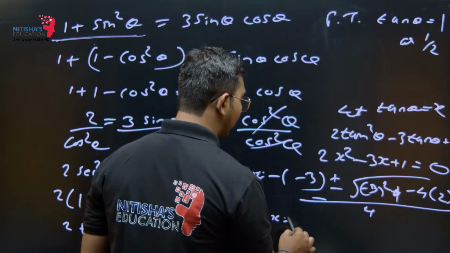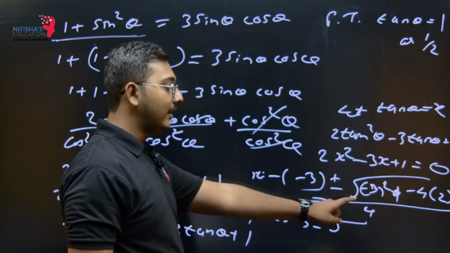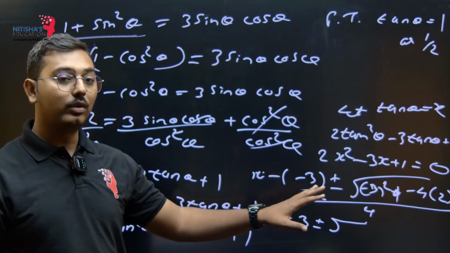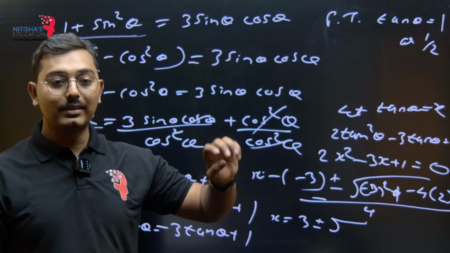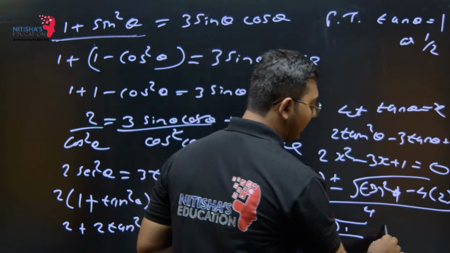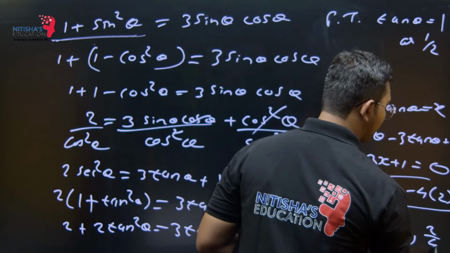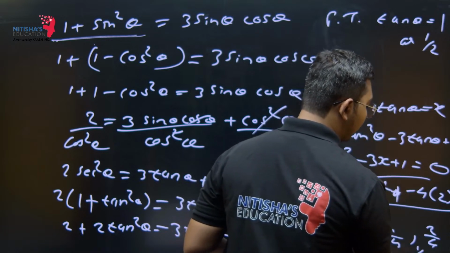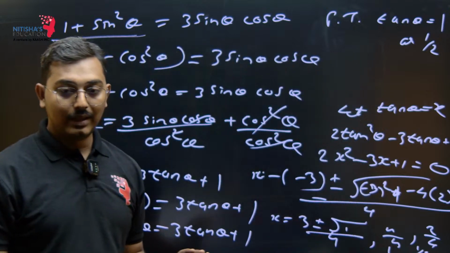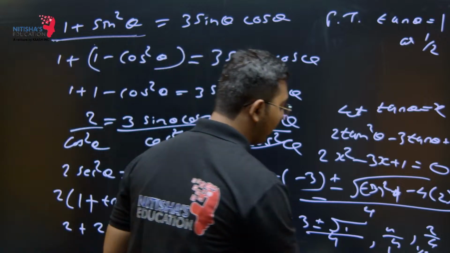So x is equal to 3 plus or minus under root 9 minus 8, since minus 3 square is 9 and 4 times 2 is 8. 9 minus 8 is 1. So under root 1 divided by 4. So the value is 4 by 4 or 2 by 4, which is given by 1 comma 1 by 2. Is it clear? If you want, I can show it again because this looks like a very rough one.